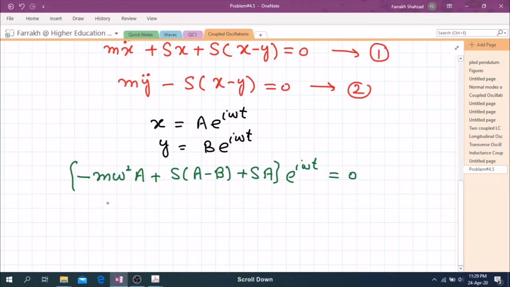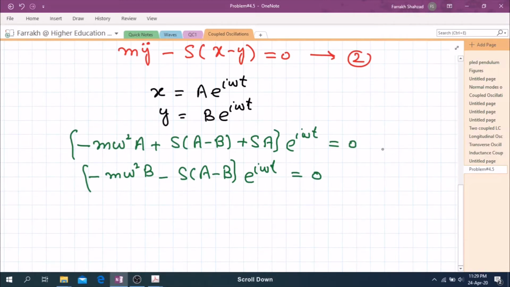Similarly, from equation 2 I will get minus m ω² B minus S into (A minus B), and I have also taken e^(iωt) common. I can label these equation 3 and equation 4, and solve them further.